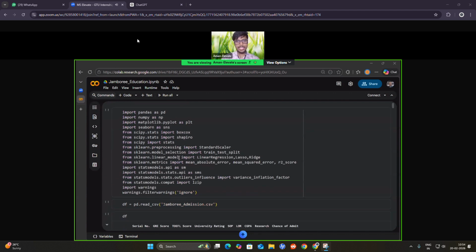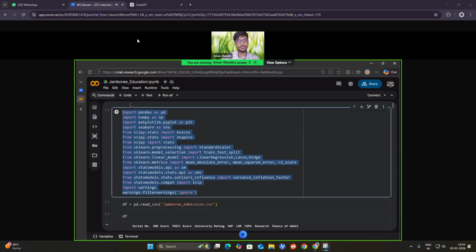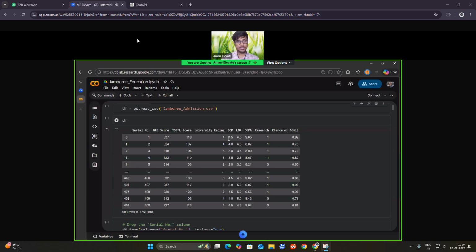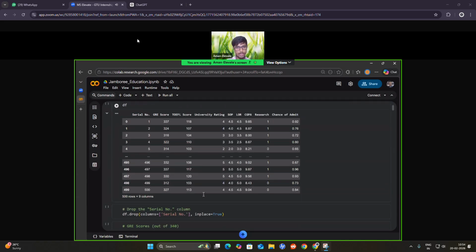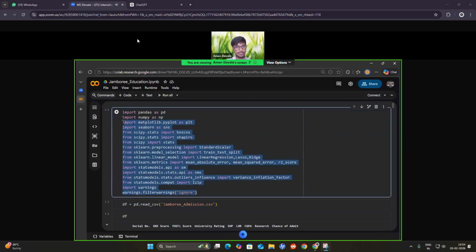Instead of typing each and every word, I have created one file, because if I type and try to do it in front of you, it will take a lot of time, as we need to analyze things and try different stuff.